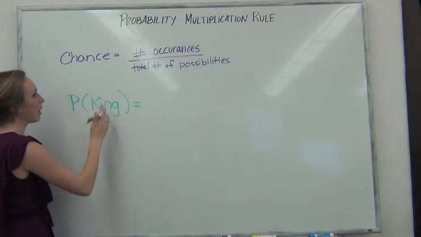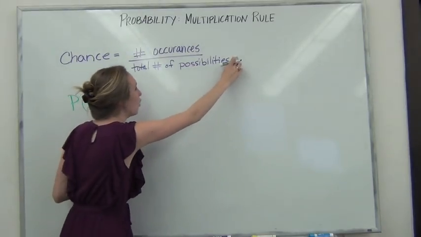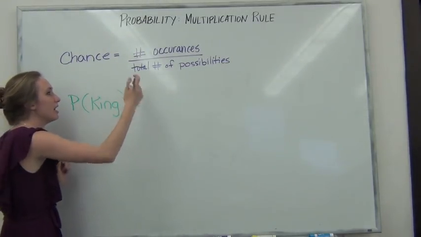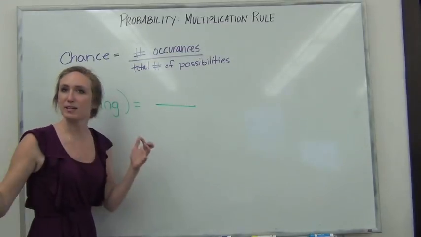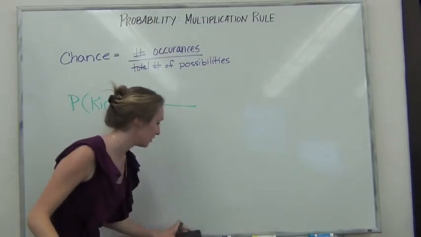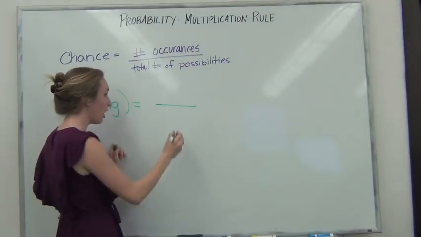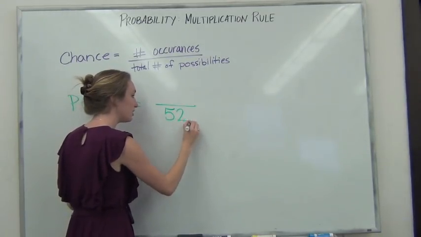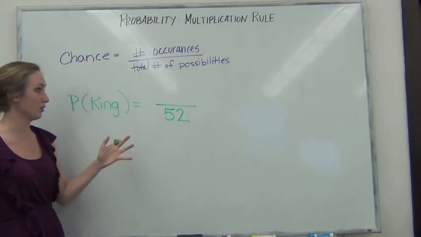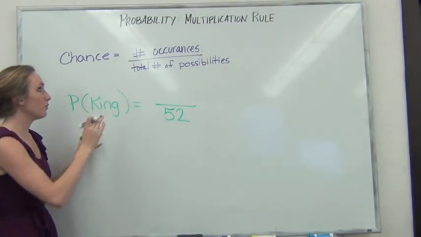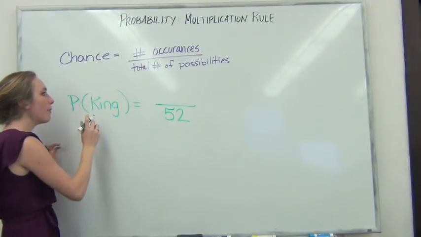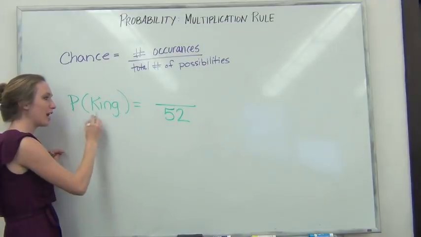So this is just shorthand, the probability that we pull a king out of a deck of cards. Well, let's first think about this denominator here, the total number of possibilities. In a deck of cards, how many different cards could I have picked out? Well, we said there were 52 cards, so that means there were 52 possibilities total that I could have selected. And the number of occurrences, well, how many different ways could I have picked a king?